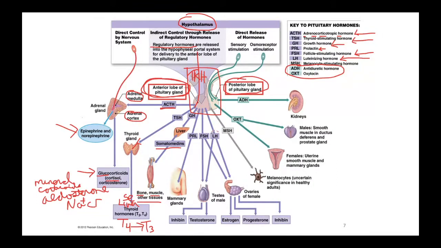Now, LH, luteinizing hormone, in women is involved with ovulation, meaning in the ovary, this is where the egg is formed. And when LH levels rise, it builds up the pressure and the egg is pushed out of the ovary into the fallopian tubes, or the uterine tubes.